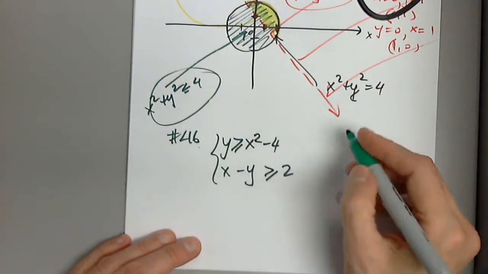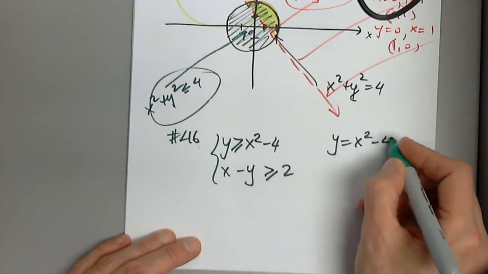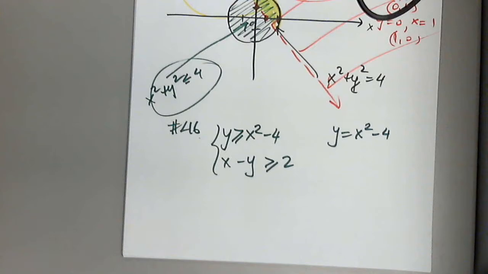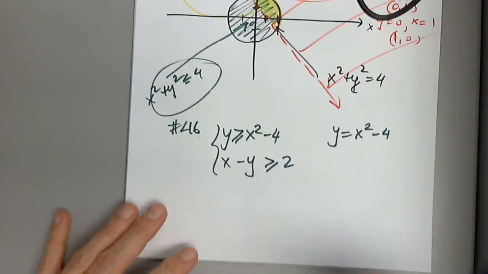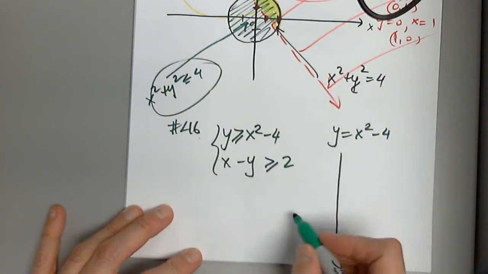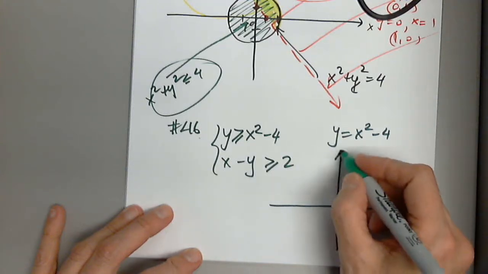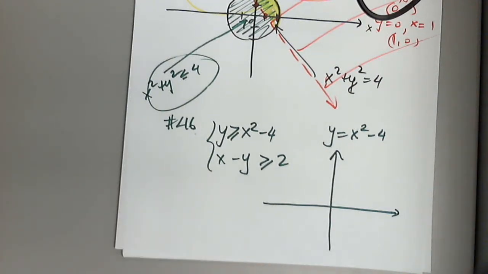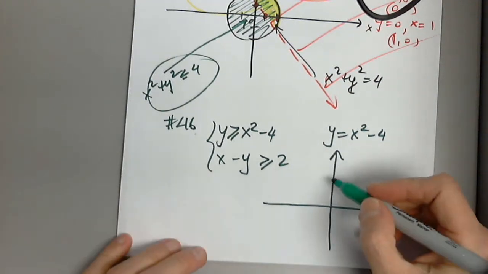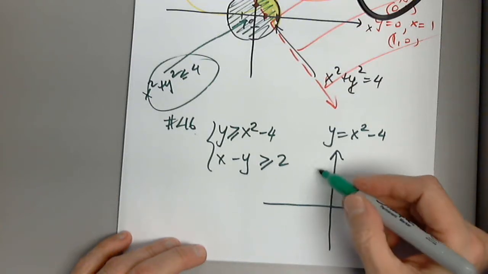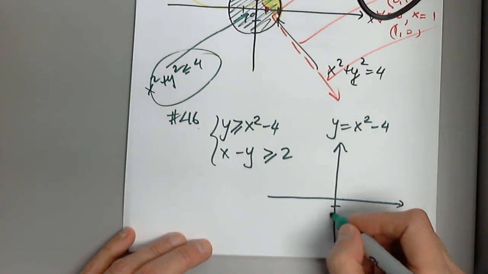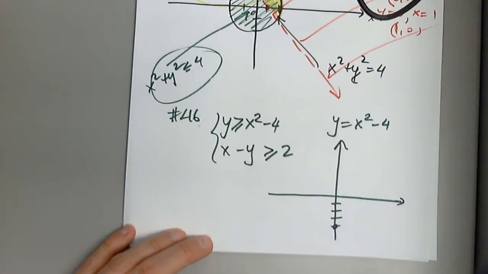We start with the first equation, y equals x squared minus 4. I've seen this so many times that I'm dreaming about it now. What is it? From x squared, where do I move it? Down 4. Where will it cross the y-axis?